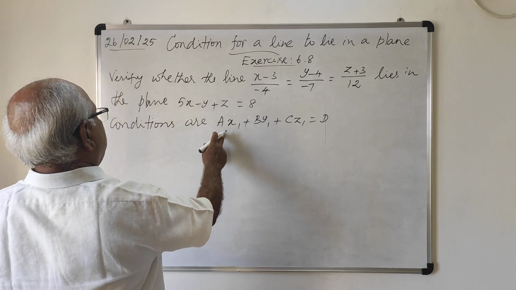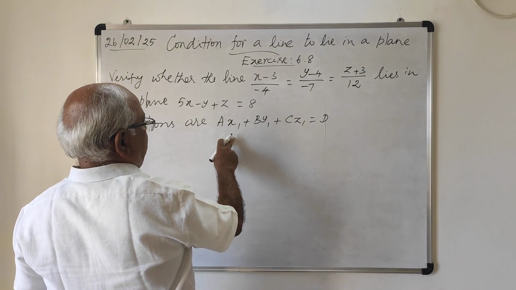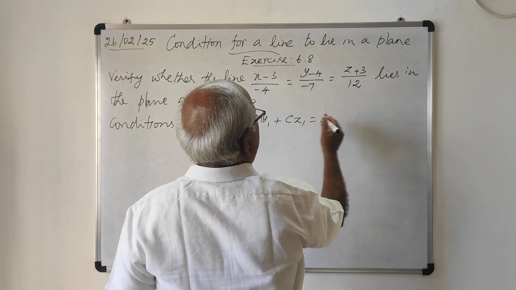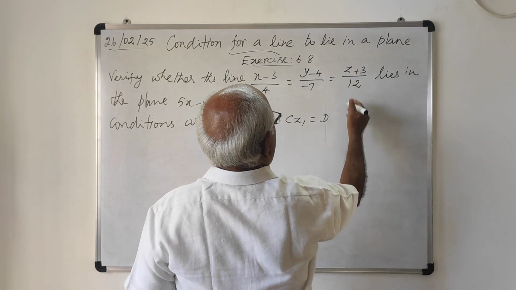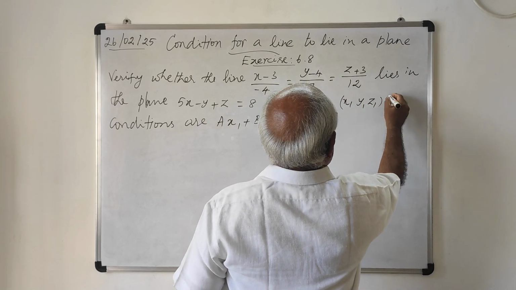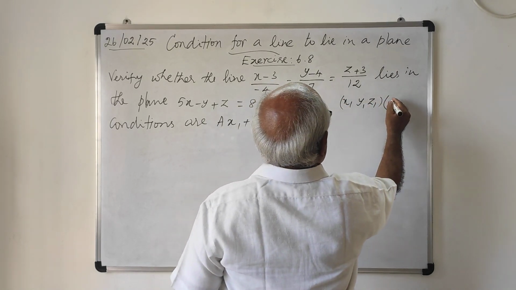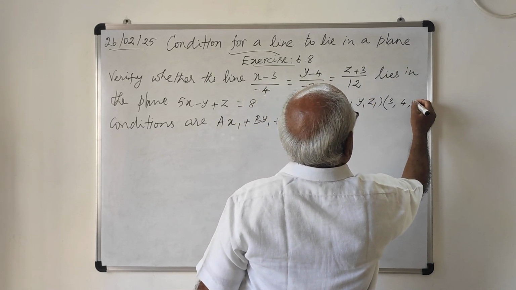We have to check that the point satisfies this equation. This is the first condition. x1, y1, z1 are 3, 4, minus 3.